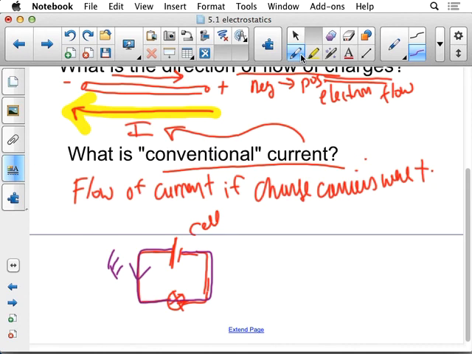So we say that the current I flows in a circuit, or the current is in a circuit. Current doesn't flow, charge flows, in this direction. This is the conventional current. Notice that I have it going from positive. This is the positive terminal, and this is the negative terminal of our cell.